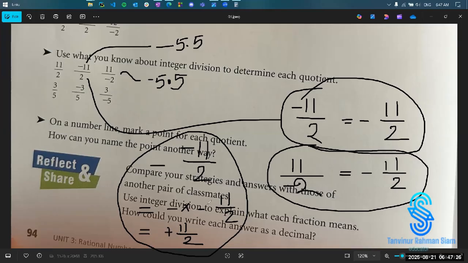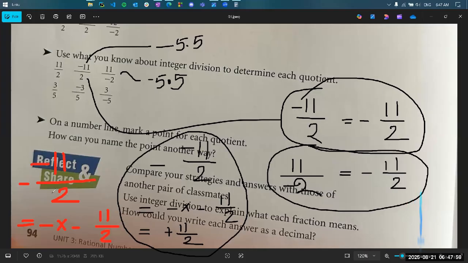What did you write in the third bubble? Okay. So here I have written minus 11, here also minus is present, and then that time minus multiplied by minus, and then 11 by 2.